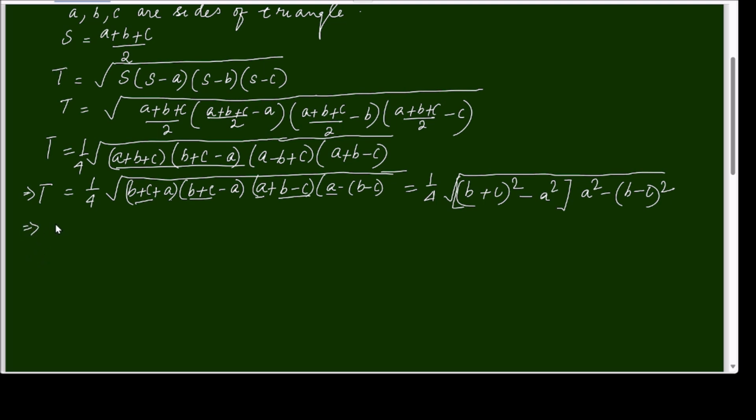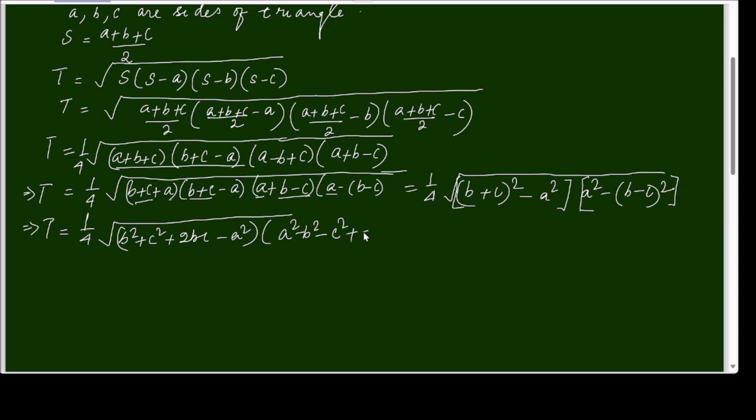Or this T equals 1 by 4. So I am expanding this: B square plus C square plus 2BC minus A square, whole, into A square minus B square minus C square plus twice BC.